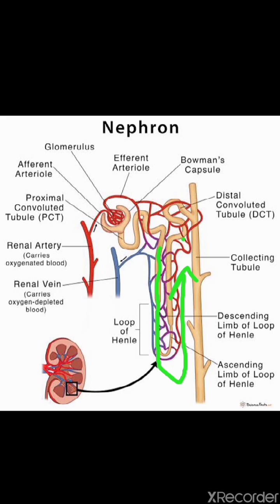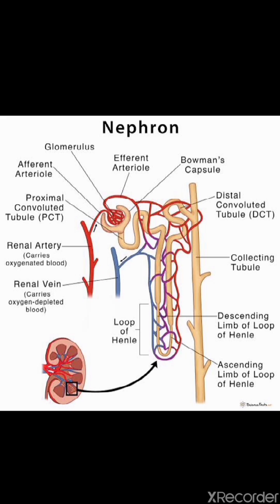Now, descending limb of loop of Henle is relatively thin and long and is freely permeable to water. It is lined with flattened cuboidal epithelial cells with very few microvilli and mitochondria. Clear? And I was talking about this descending limb of loop of Henle.